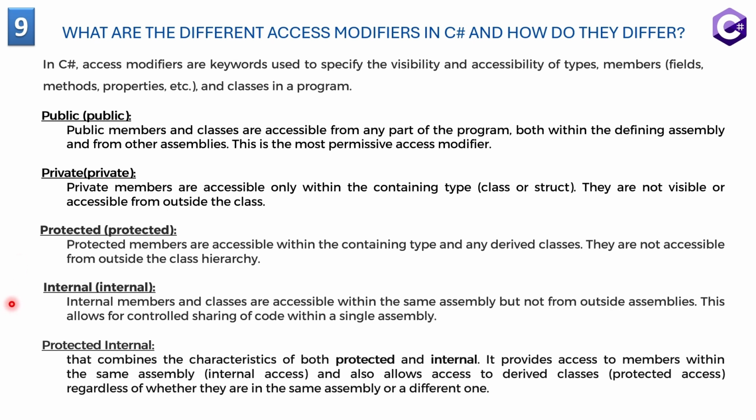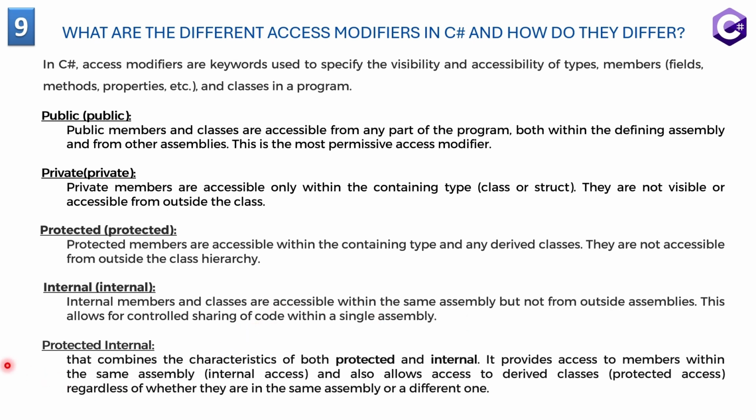Internal members and classes are accessible within the same assembly but not from outside the assembly. This allows for controlled sharing of code within a single assembly, just like one project. If you have multiple projects, you use internal for all the classes.